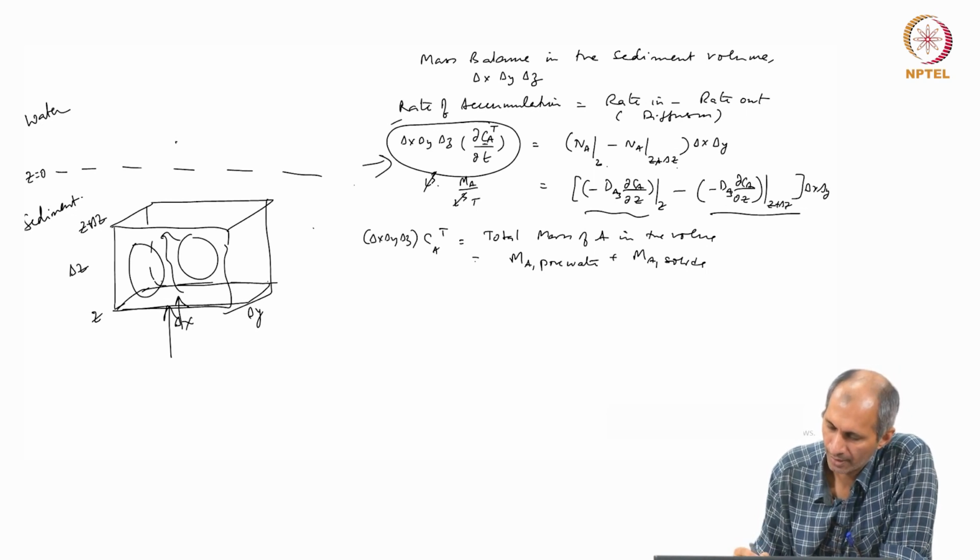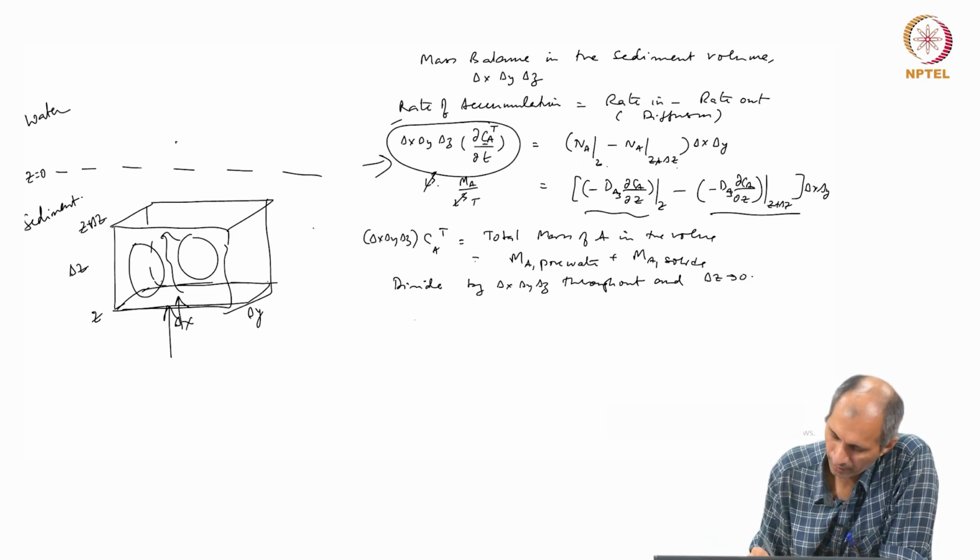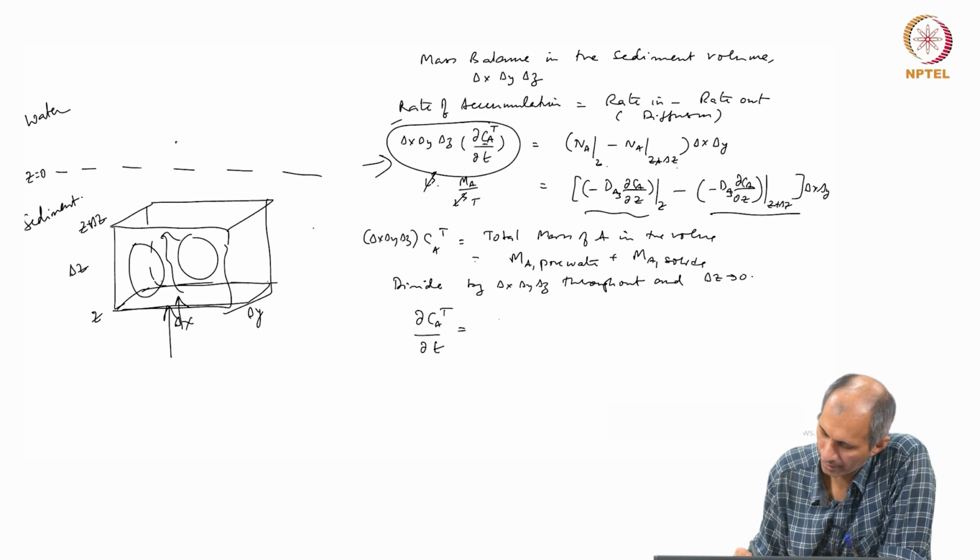Okay. Now if you divide by delta x, delta y, delta z throughout, and take the limit delta z to 0, we will get dou Cat by dou t equals dA3 into dou square Ca by dou z square.